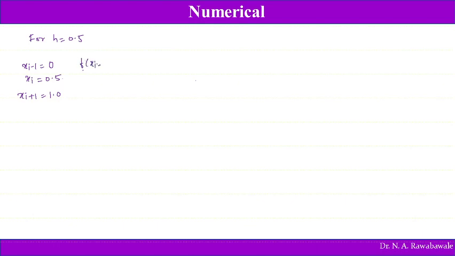So if we find function f of xi minus 1, xi minus 1 means in place of x, the function f of x, which is given in this problem, is minus 0.1 x to the power of 4, minus 0.15 x to the power of 3, minus 0.5 x square, minus 0.25 x plus 1.2.